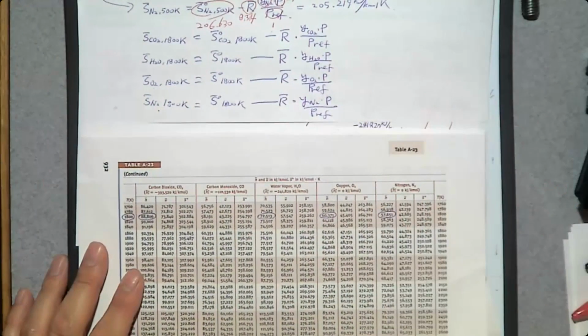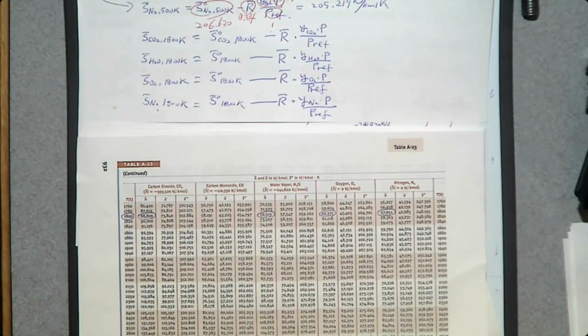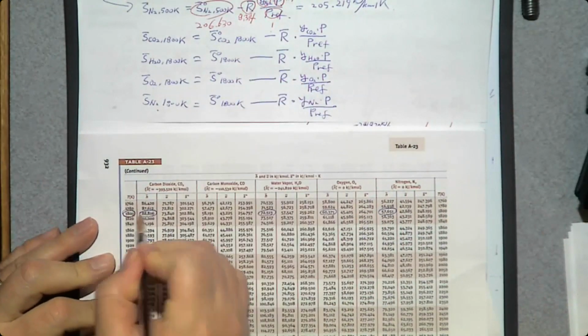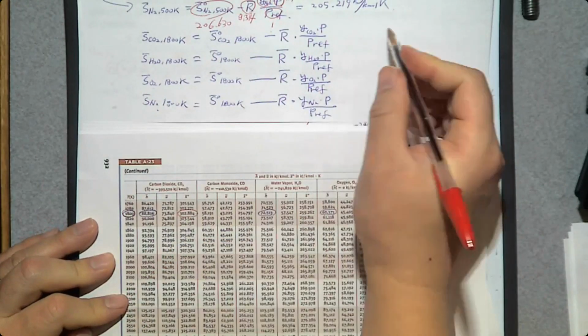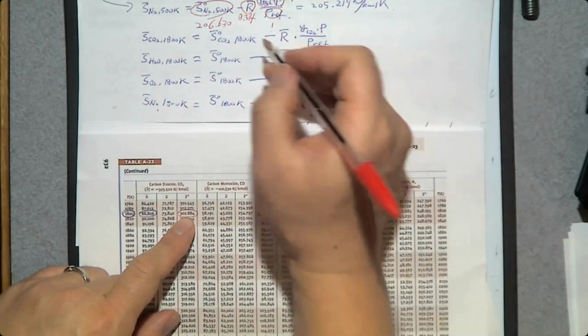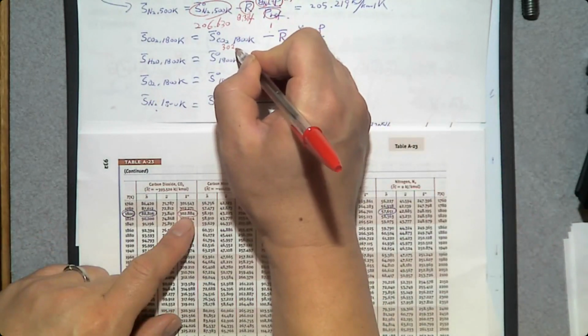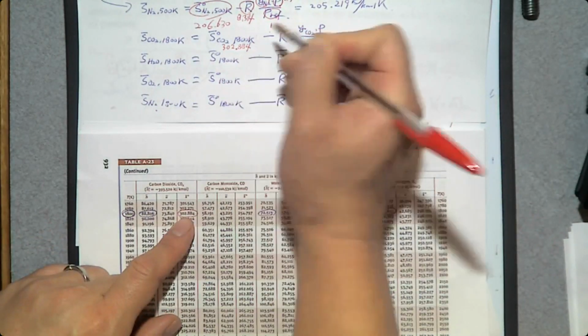At 1800, the first one, carbon dioxide, the absolute entropy is 302.884.